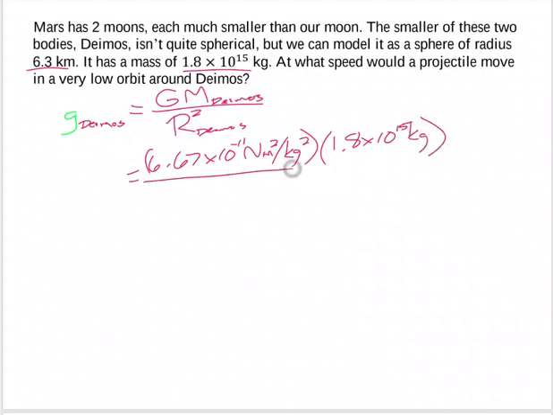And then the radius, they gave it to us in kilometers, so we're going to turn that into meters. So move the decimal 3 places. So it will be 6,300 meters, squared. We've got to square it. And so then we just calculate that.